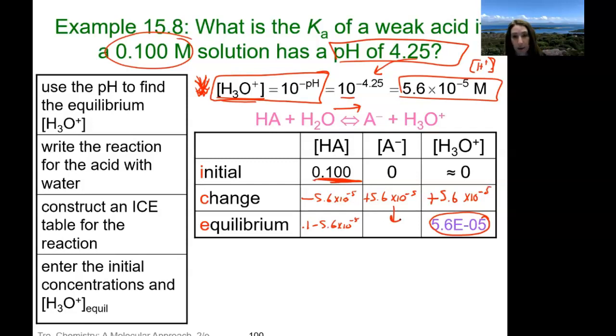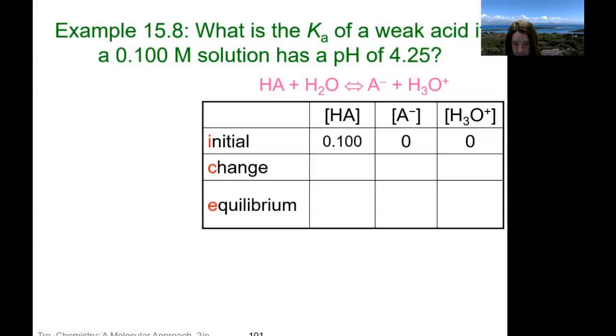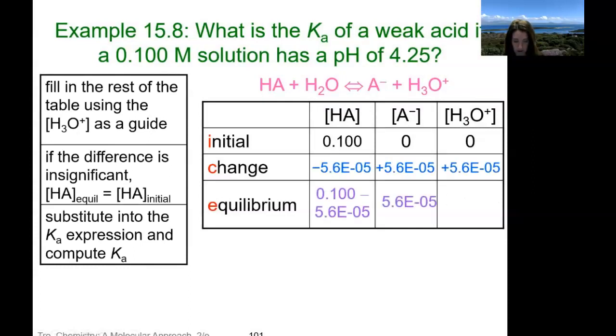So now we just need to plug it into our K. K equals A minus times H3O plus over HA, and we're going to plug these numbers in here. I'm just on the next page, I have this much nicer. Here it is.